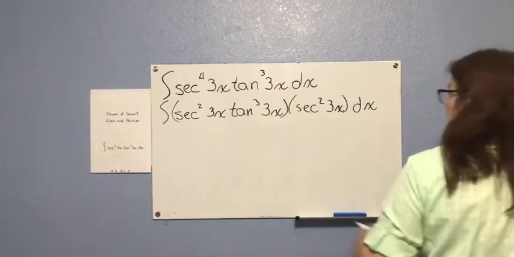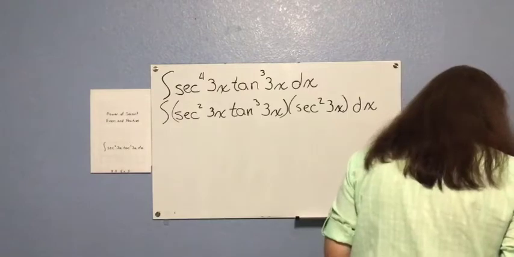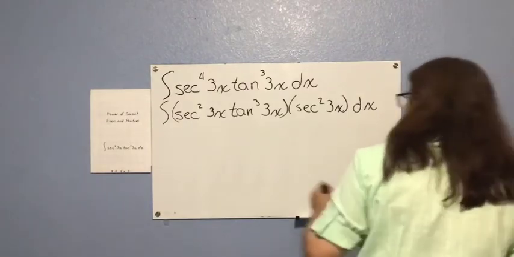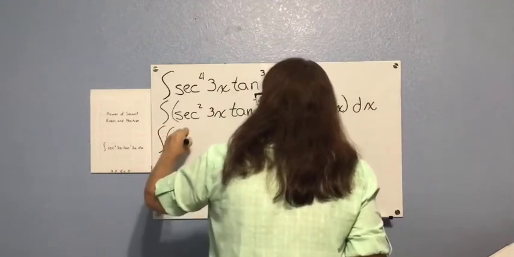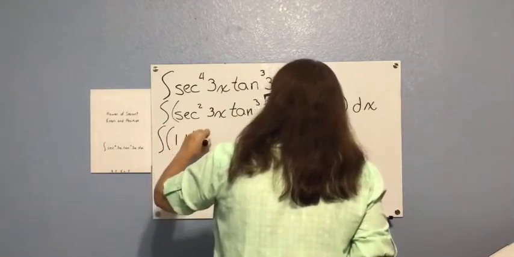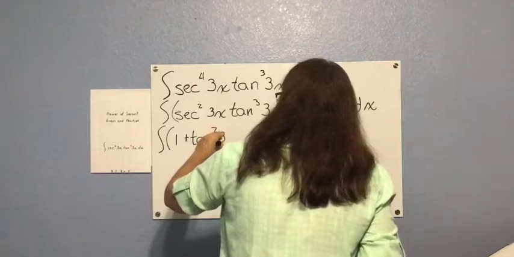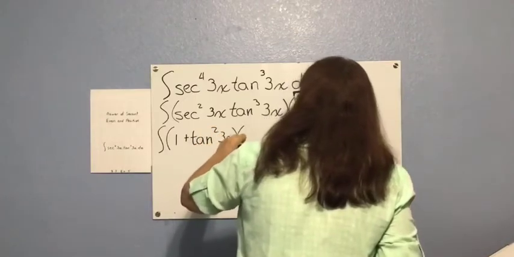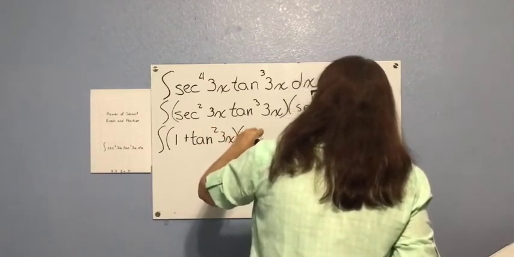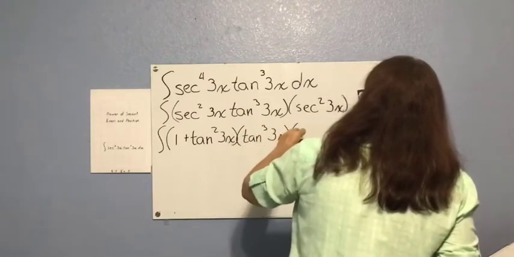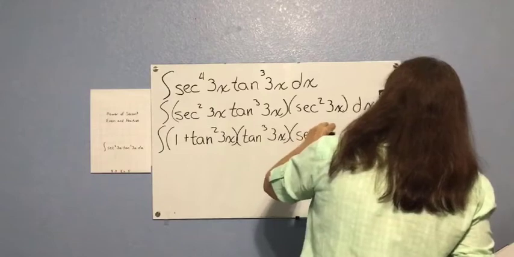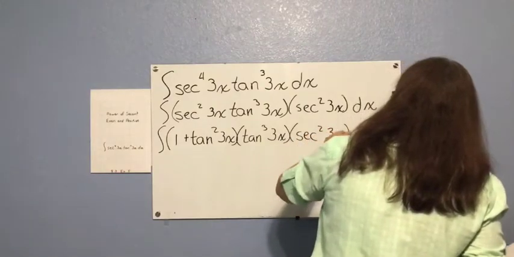Now I'm going to change this secant squared 3x to the tangent form. So I'm going to have 1 plus tangent squared 3x times tangent cubed 3x and secant squared 3x dx.